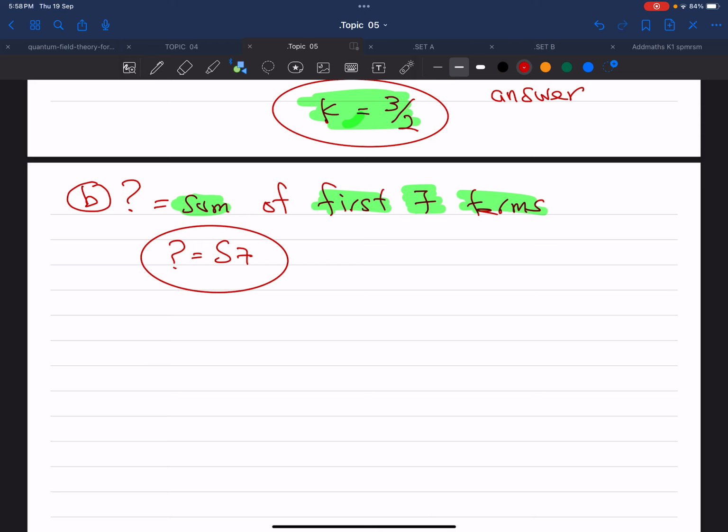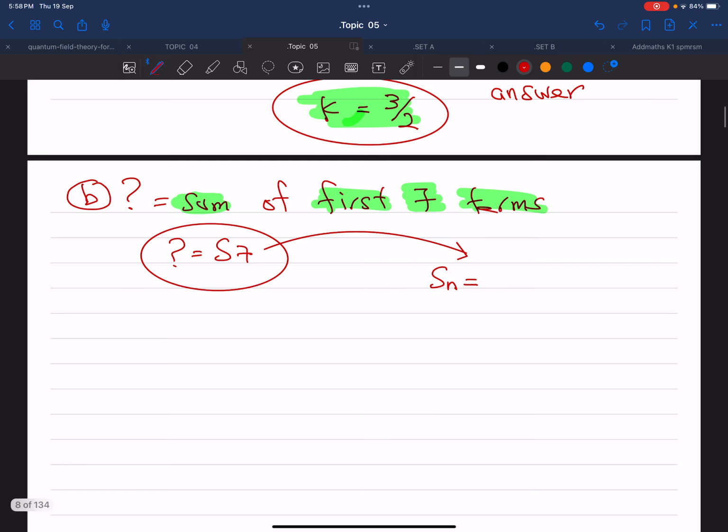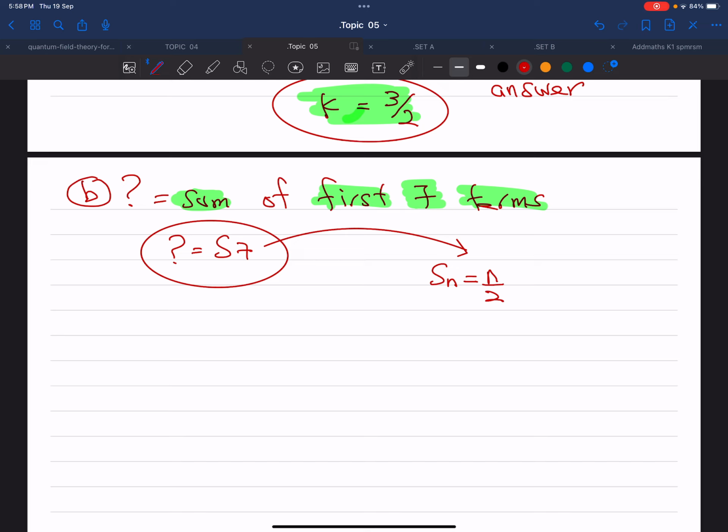They are asking S, so we will use the formula Sn for an AP. I write down the formula: n over 2, brackets 2a plus n minus 1 d.